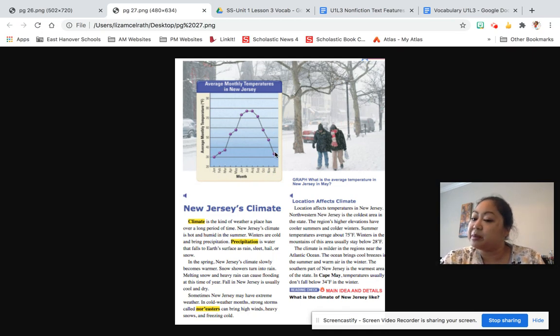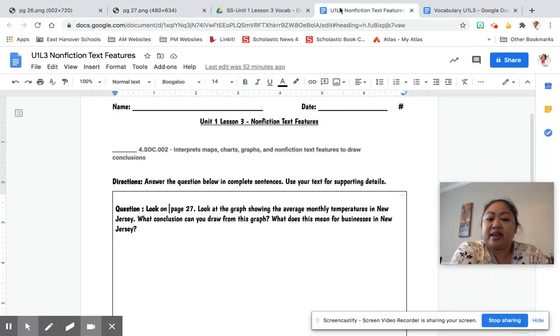Fourth graders should be able to pull some information out of the graph by looking at the average monthly temperature and looking at the months. And what can you tell me about the temperature and the climate, right, of New Jersey, looking at that graph? And then the second one is, what does that mean for businesses in New Jersey?